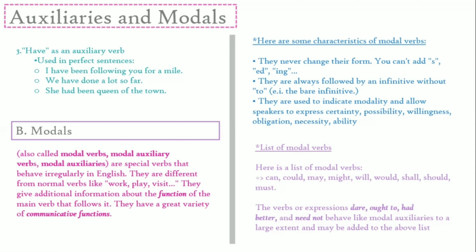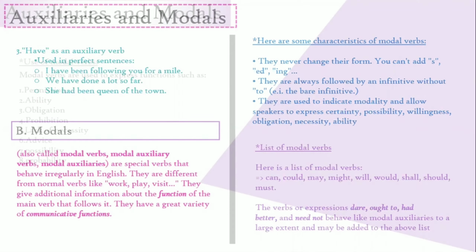List of modal verbs. Here is a list of modal verbs: can, could, might, may, will, would, shall, should, and must. The verbs ought to, had better, and need to behave like modal auxiliaries to a large extent and might be added to the above list.